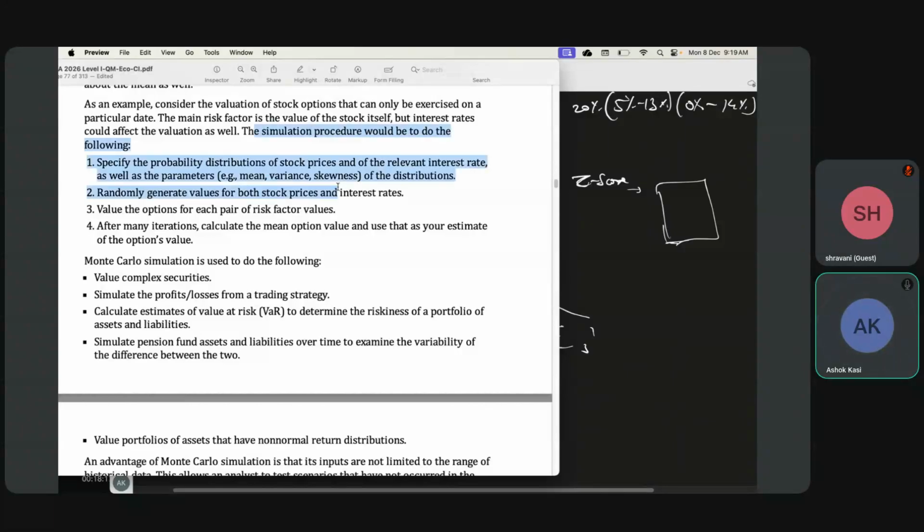These are some keywords I'm highlighting.